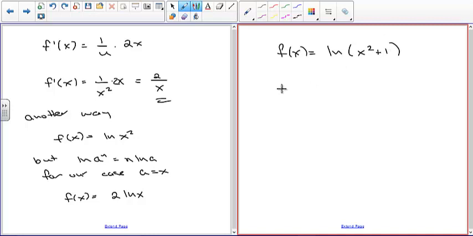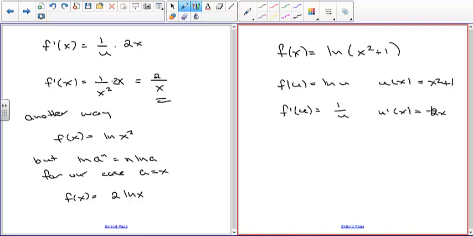So I'd say f of u equals the natural log of u, u of x equals x squared plus 1. Take the derivative. The derivative of the natural log of u is 1 over u. The derivative of x squared plus 1 is 2x.